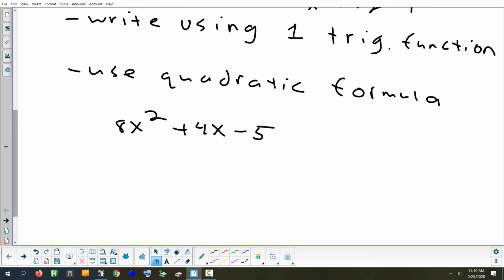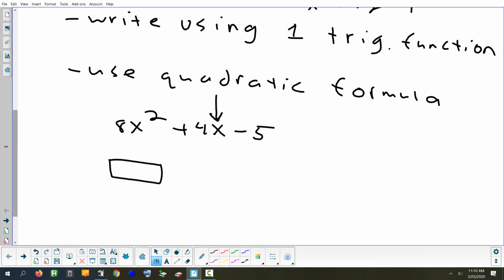You're solving for x. If you want to be technical about it, what you're solving for is the variable in the middle right there. That's what you're solving for. You're solving for x. So that's a very specific kind of quadratic equation.